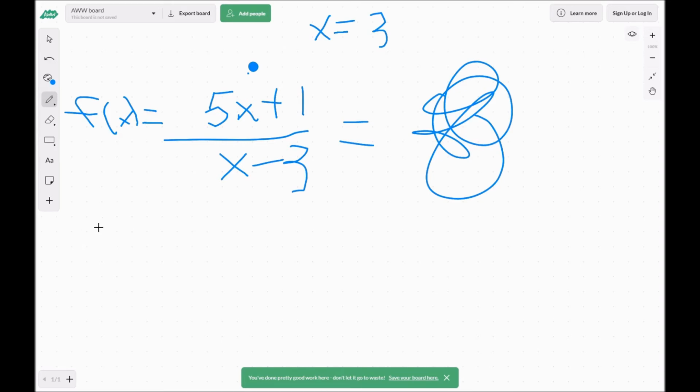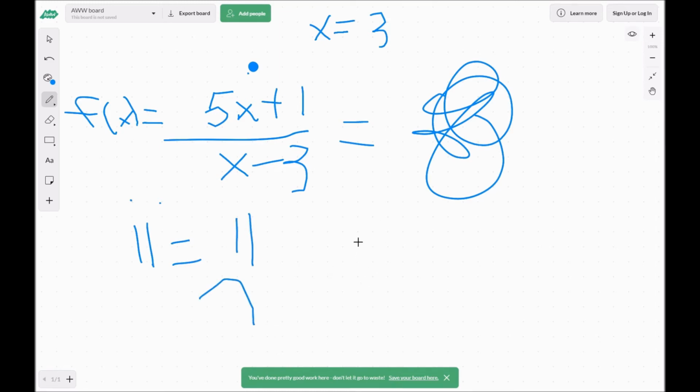But why don't we try looking for the limit? Now, if this was a limit that could be manipulated, it might be different. But in this example, the given 3, we can't manipulate 5x plus 1 over x minus 3. So sadly, condition number 2 is also false.